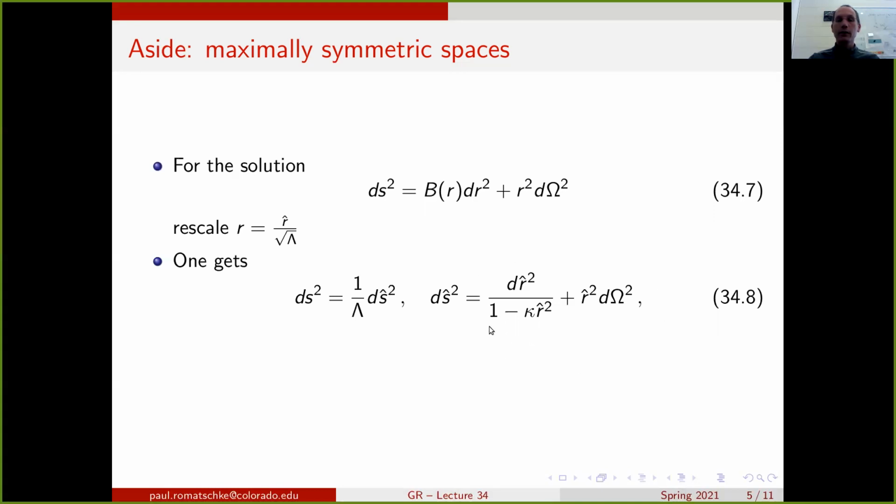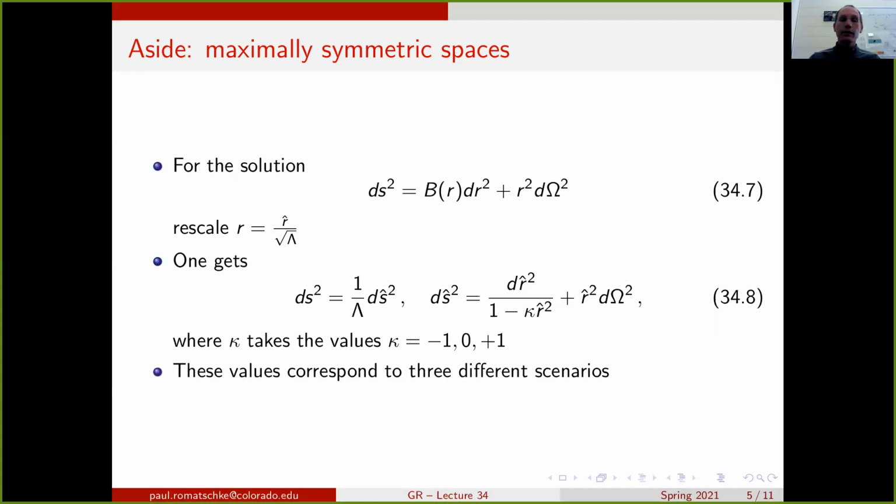It's dr squared over 1 minus kappa r squared plus r squared d omega squared, where this kappa is basically just lambda divided by the absolute value of lambda. So kappa takes the 3 possible values, minus 1, 0, and plus 1. These correspond to negative cosmological constant, 0 cosmological constant, and positive cosmological constant. So that's essentially just the sign of the cosmological constant.